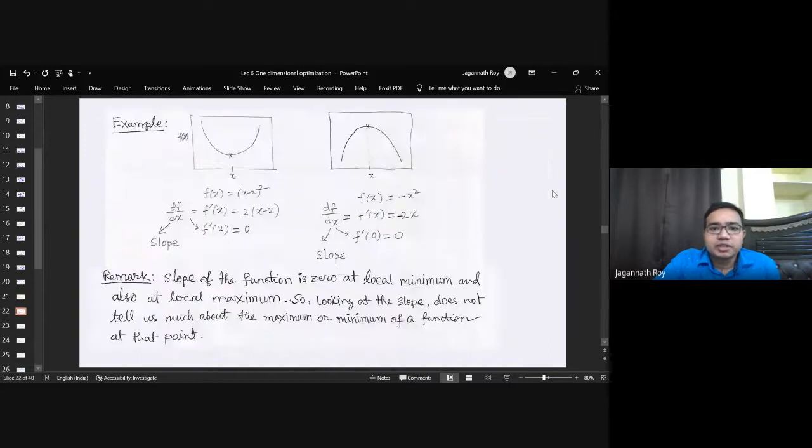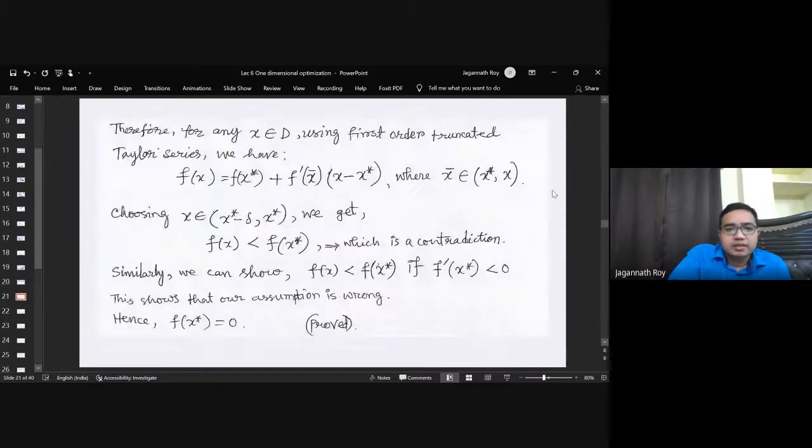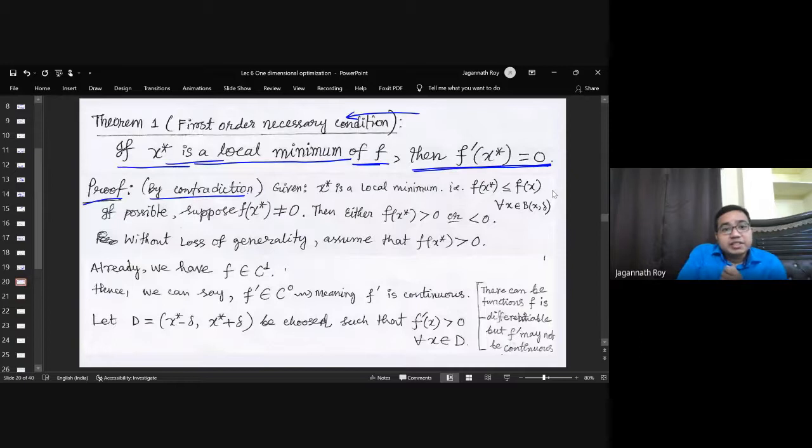Let us understand the meaning of theorem 1, the first order necessary condition. If we have a function like this, it says if it is a local minimum, then it will satisfy this.